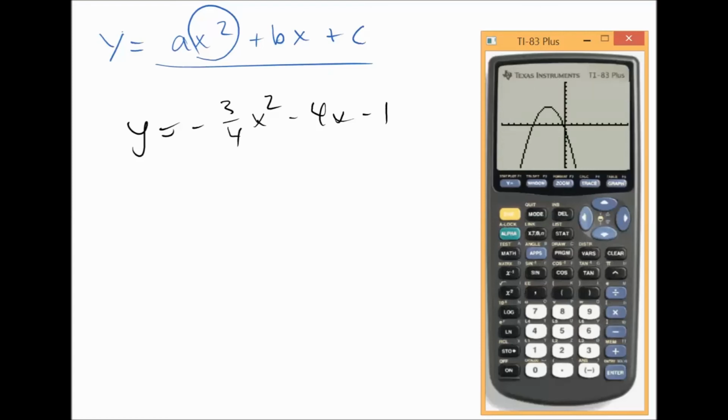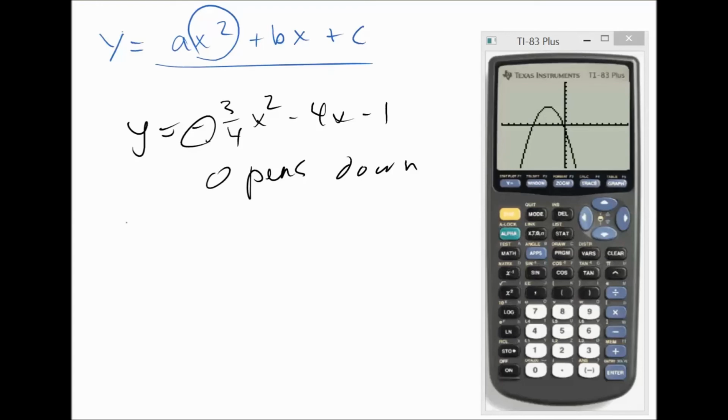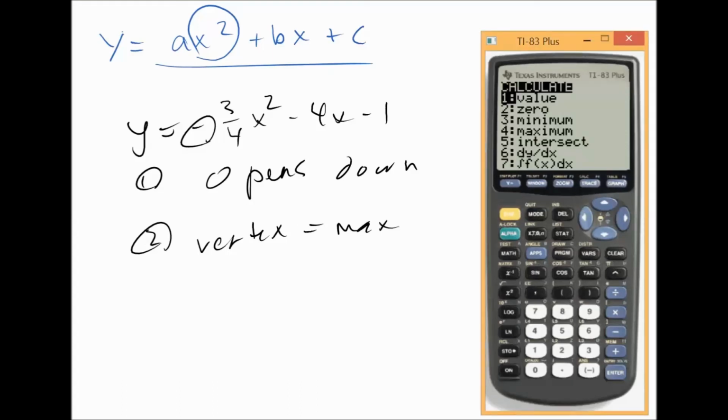Graph it. And in this one, because it's negative, we're actually looking for the maximum. We're going to say this opens down. That's the first thing. Second thing is we're going to look for the maximum. So the vertex is actually a max this time. So we're going to second calculate the maximum.